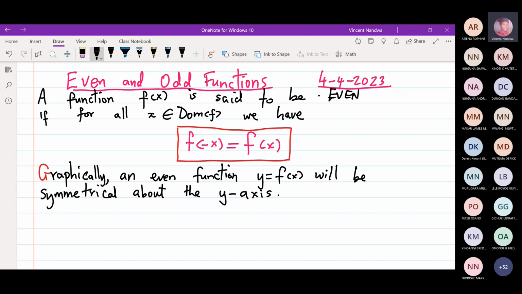That simply means that the y-axis is a mirror line for reflection of the curve.